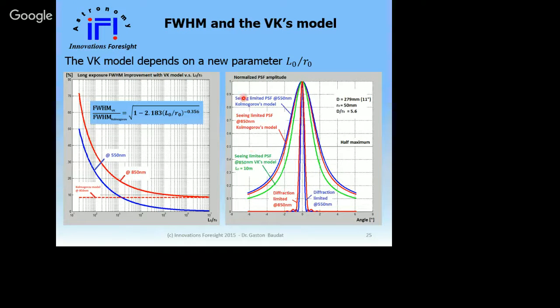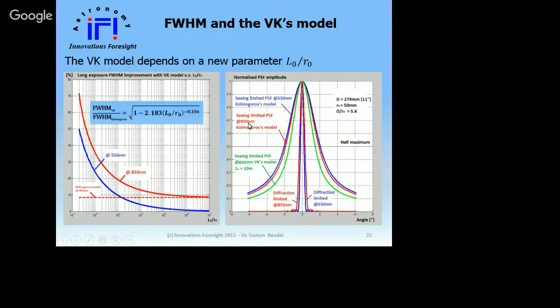Now, with the Kolmogorov model in blue, you see what's supposed to happen at 550 nanometer for 11-inch and 5 centimeter seeing.